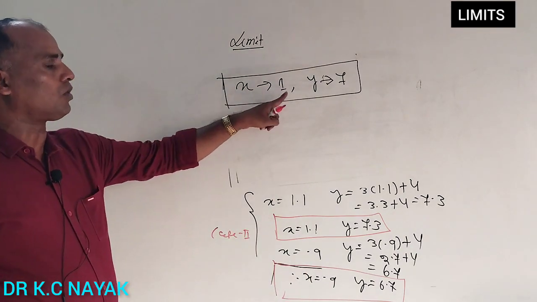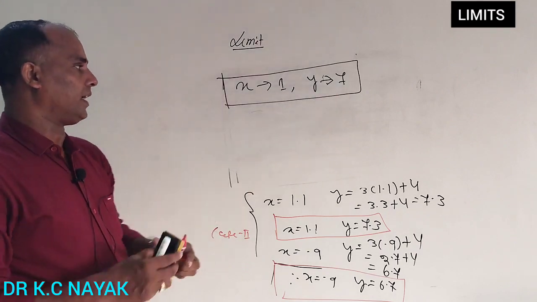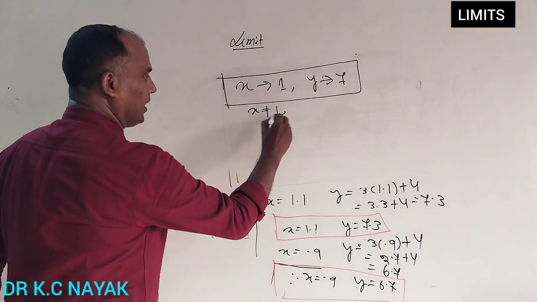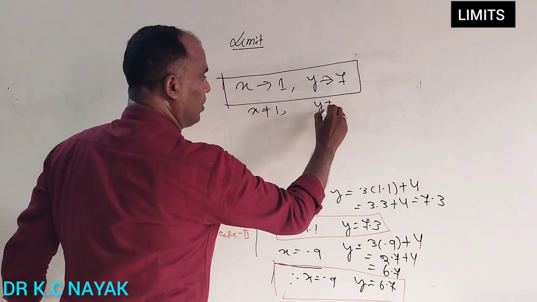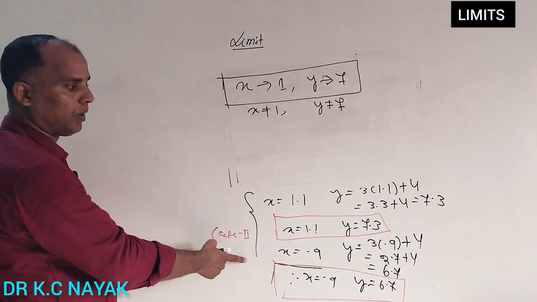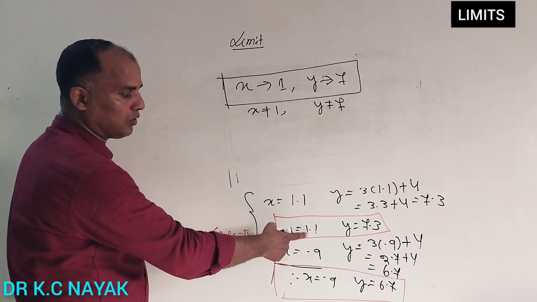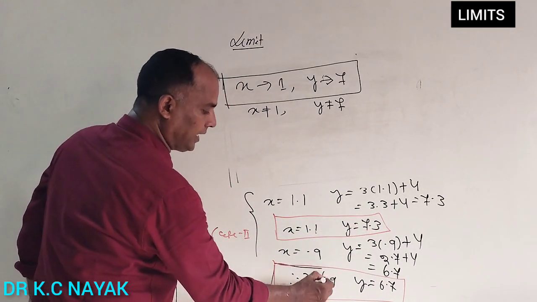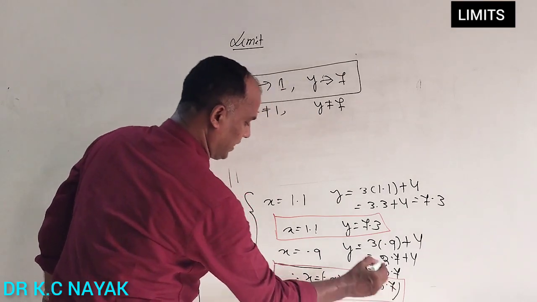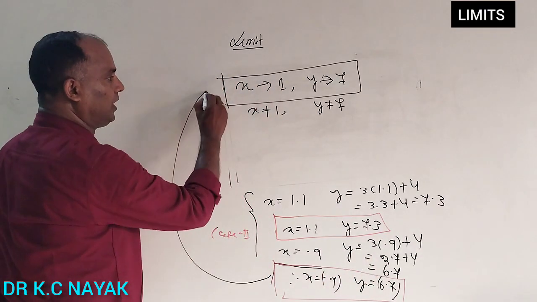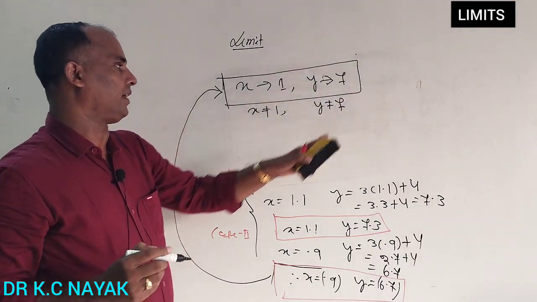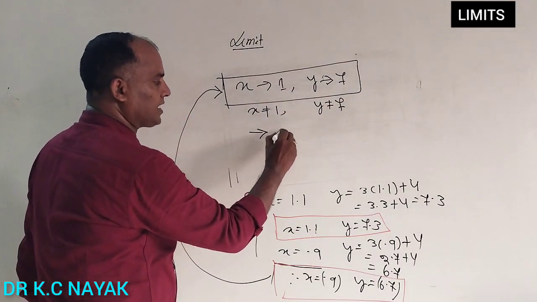This closer to 1 means x is not equal to 1 and y is also not equal to 7. For this example, we derive x is equal to 1.1, y is equal to 7.3, x is equal to 0.9, y is equal to 6.7. This type of presentation expresses x tends to 1, y tends to 7, and this symbol is known as tends to.